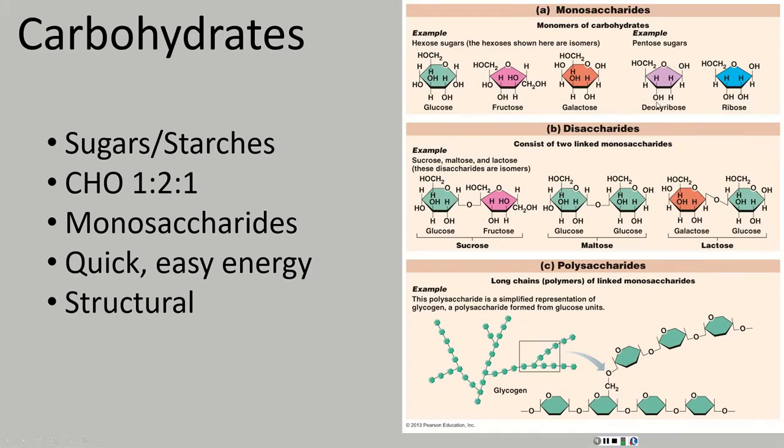If it has 5 carbons, we call it a pentose. And we can build upwards from that. So we can see that just because something is C6H12O6 doesn't necessarily make it glucose. It could also be fructose, it could also be galactose, it could be a few others. Same thing with deoxyribose, ribose, and a few others.